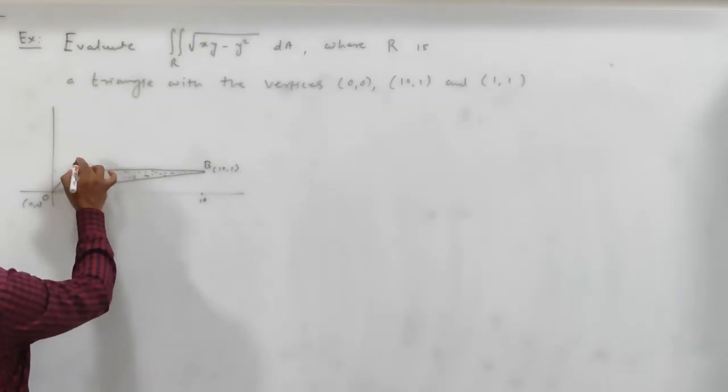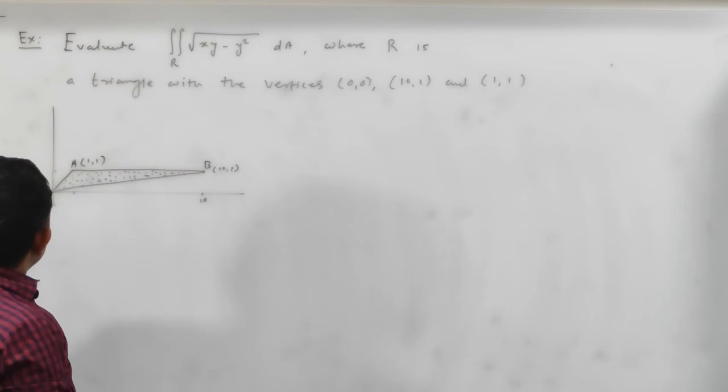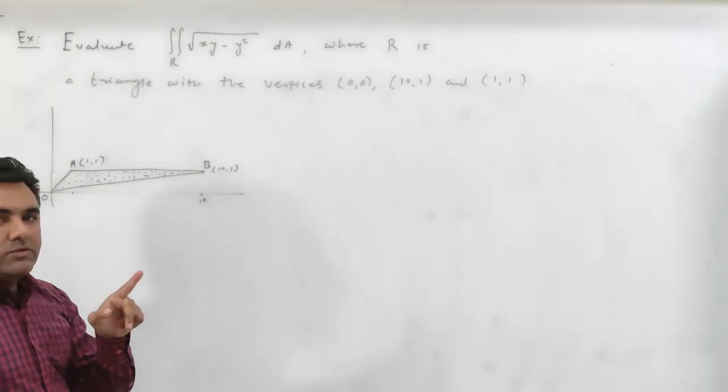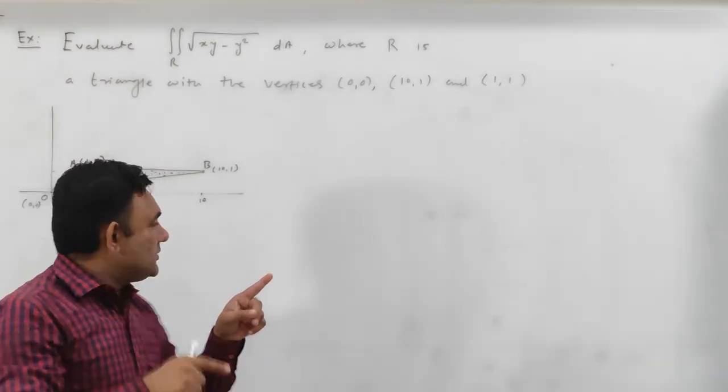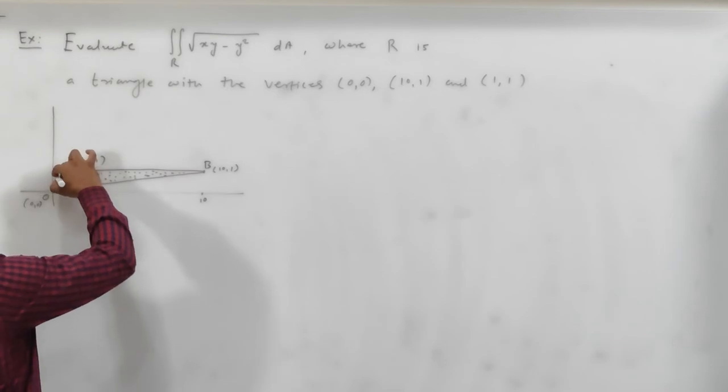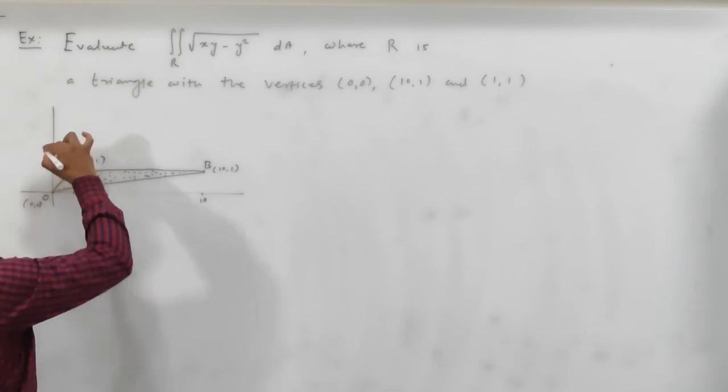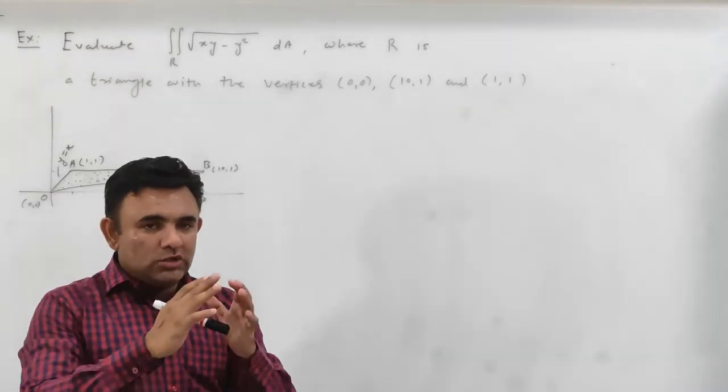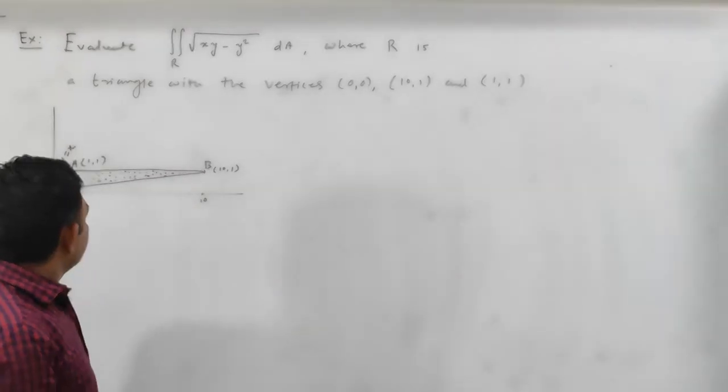Both coordinates are equal, so the line joining these 2 points is y equal to x.